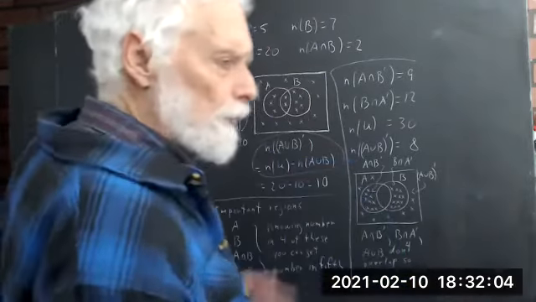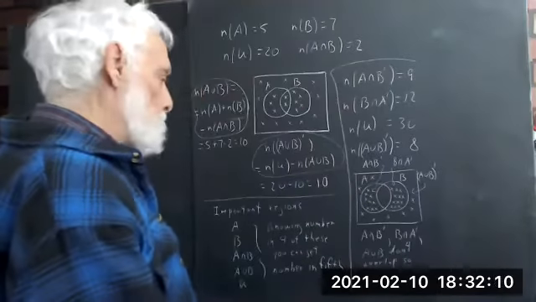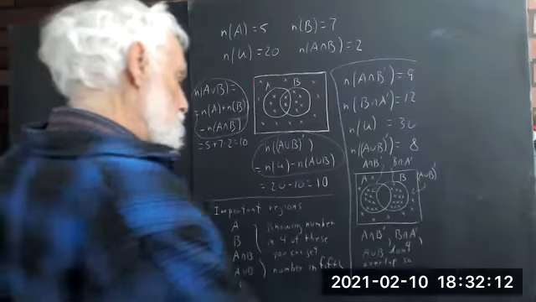Those regions don't overlap. So if you add these numbers, there's nothing you're adding twice.